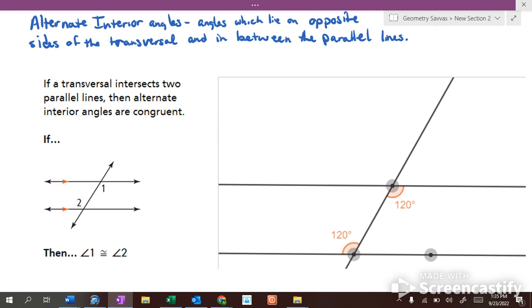Okay, alternate interior angles. Angles which lie on the opposite sides of the transversal and in between the parallel lines.